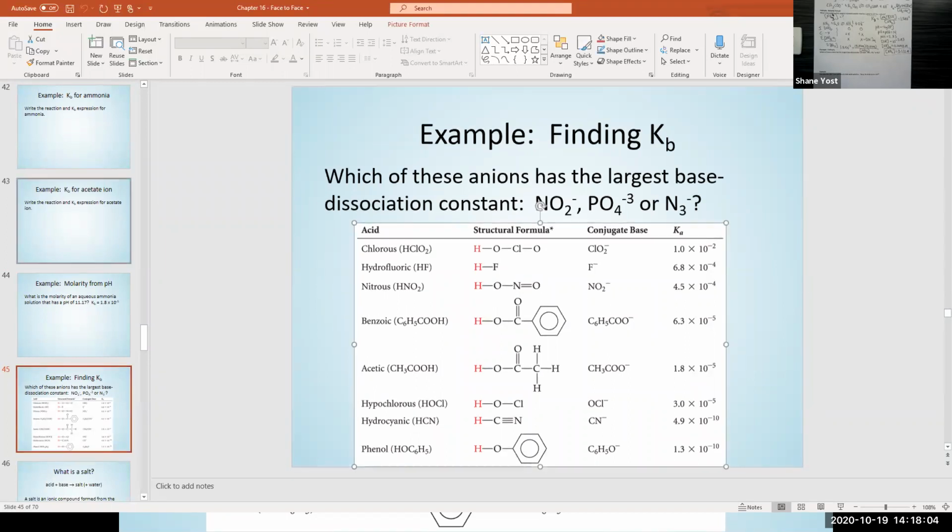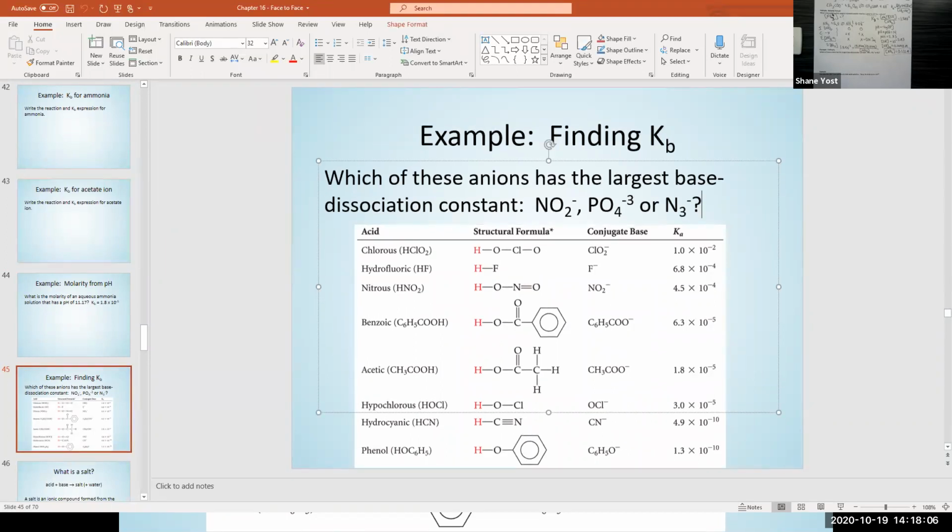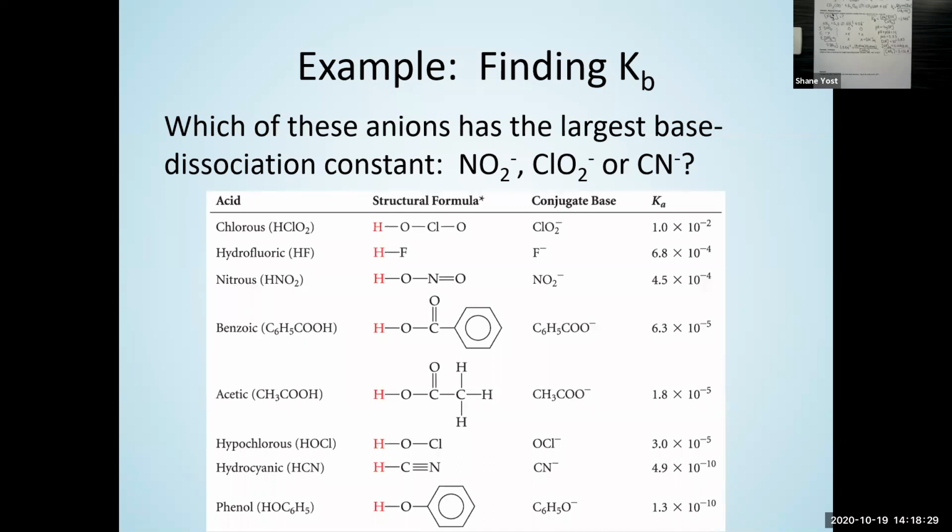Why can I never see the cursor on here? So CN minus and ClO2 minus. There we go. Those are all listed in that chart, so we'll change up the problem briefly: NO2 minus, ClO2 minus, or CN minus.